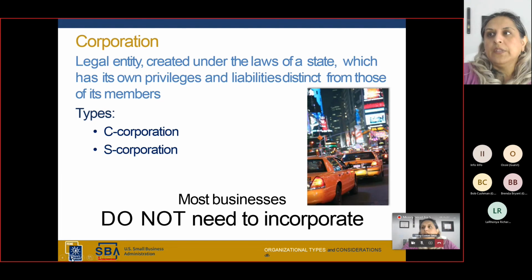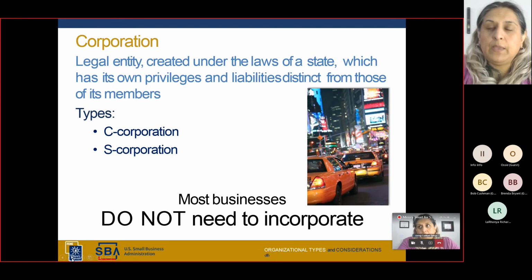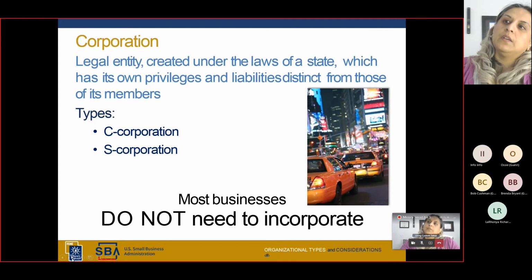This means that the corporation itself, not the shareholders, owns it. It is held legally liable for the actions and debts incurred by the business. As a corporation, it has privileges such as the ability to enter into contracts, but it also has certain responsibilities such as the payment of taxes.